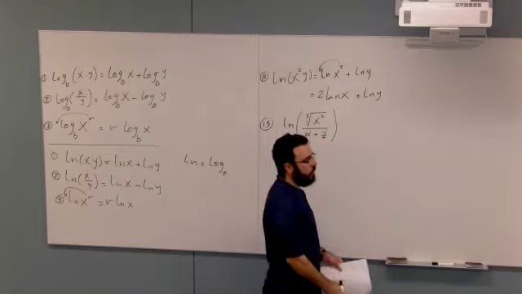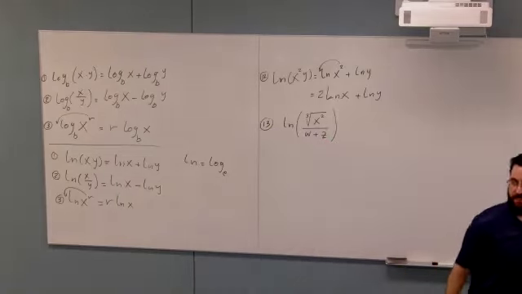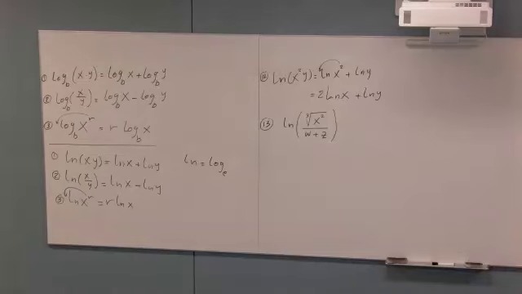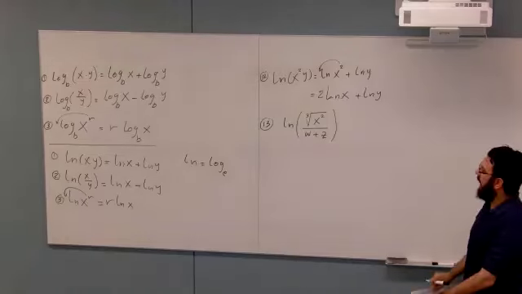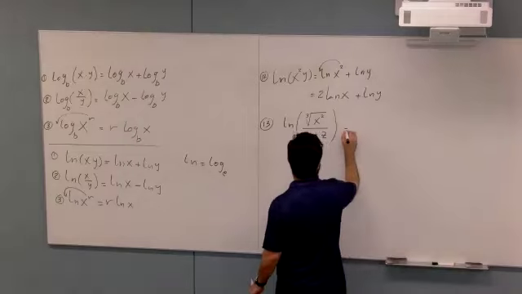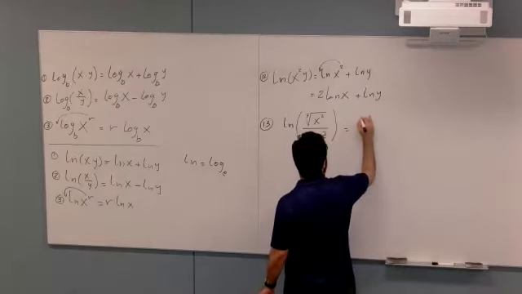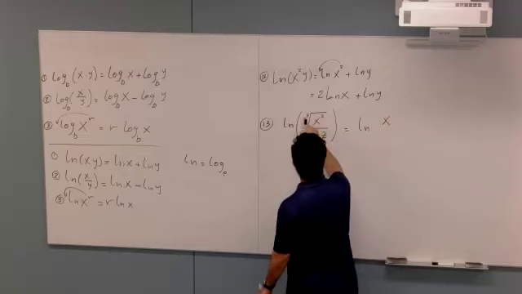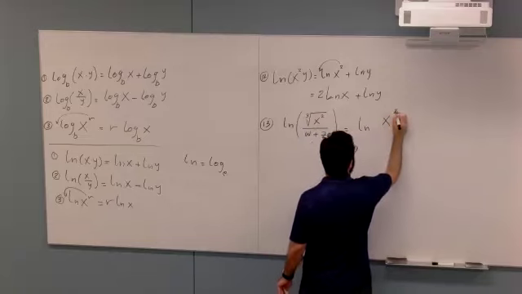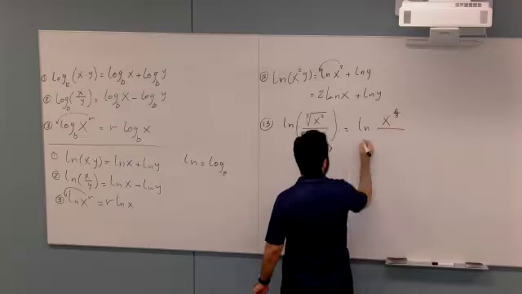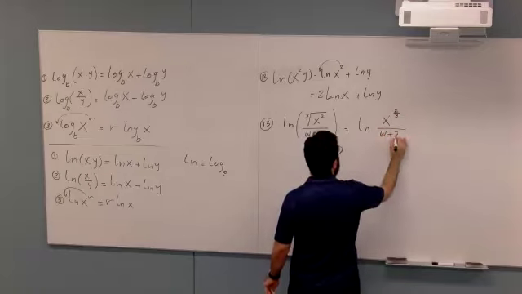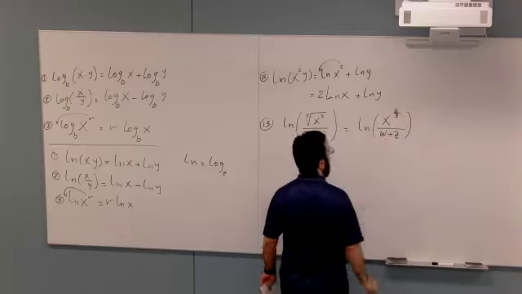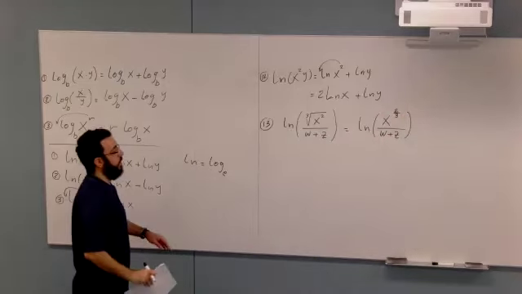Now, which rule do you want to use first? We're going to turn the radical into a rational exponent. You said I'm going to turn the radical to rational. So I'm going to say it's ln of x to the 2 divided by 3, and here's w plus c.